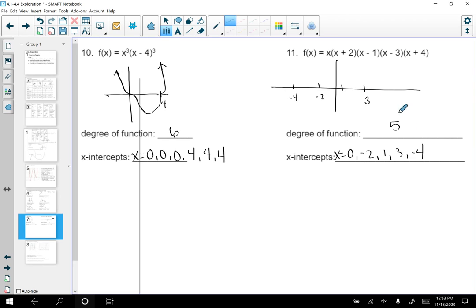And this is odd, so the end behavior will be opposite and positive, so it'll end going up, which means starting downward. I missed 0 there, and that's at 1. Sorry, that got a little messy.